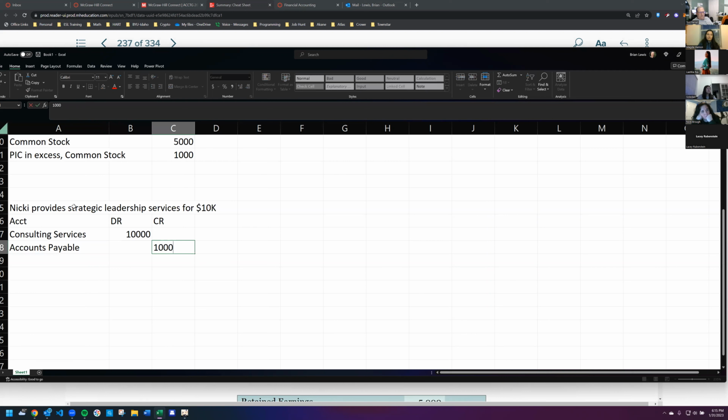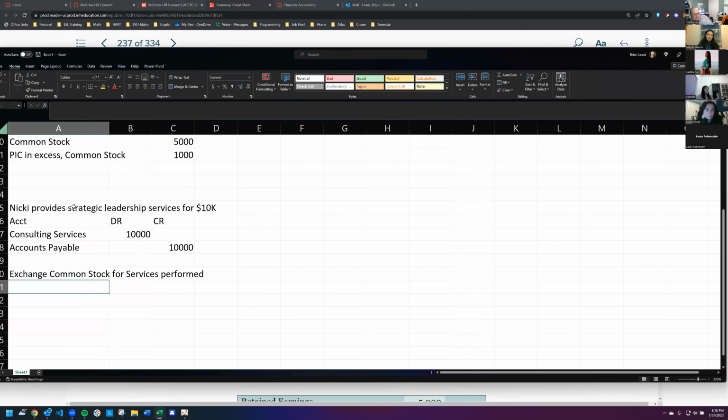Right. Okay, but we decide, oh, that was great leadership services, we're going to hire her long-term. And instead of paying her out that $10,000, we're going to exchange it for common stock. So I might do an exchange, common stock for services performed. In that, we would debit accounts payable, and credit common stock.